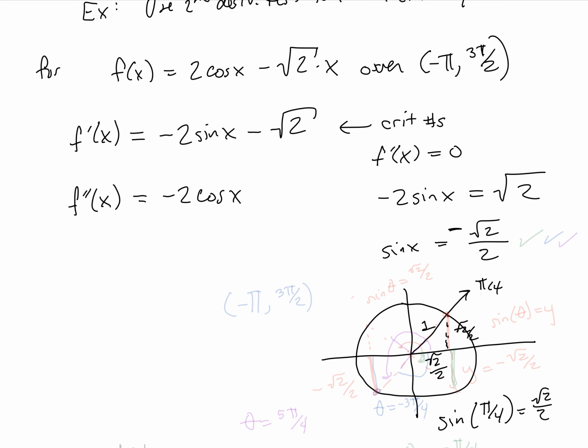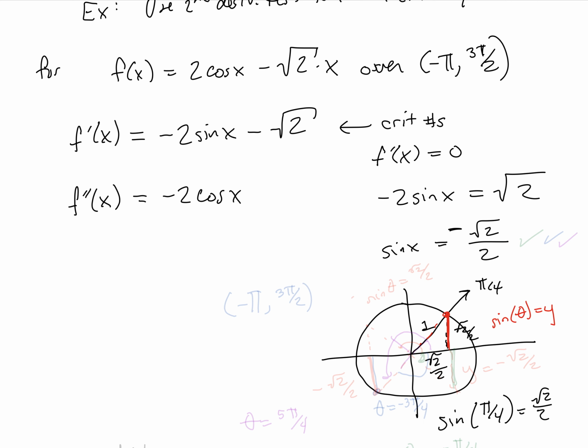So remember that sine, like SOHCAHTOA, is the opposite over the hypotenuse. So with a unit circle, sine of an angle is just the y value on the unit circle. So it's the height of that triangle.